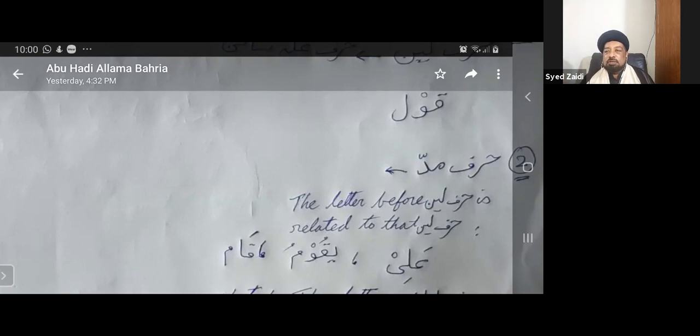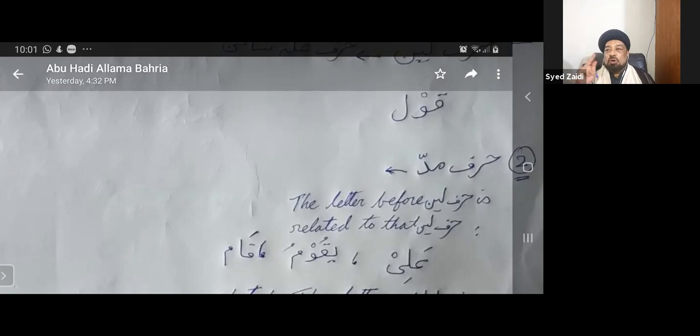In the word yaqum, waw is silent, and the previous sign is in relation to waw. Both of them carry the sound oo. You see the dam over there, and you see the waw over there. Both have the same sound, so they are in relation to each other. But even if it is friendly, that harf illa must be silent also.